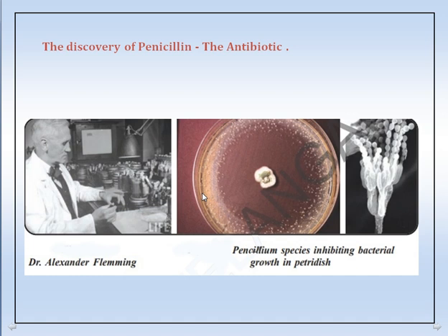The fungus was identified as Penicillium notatum. The substance which was produced by the fungus Penicillium was named penicillin. The discovery of the antibiotic penicillin was announced in 1929.